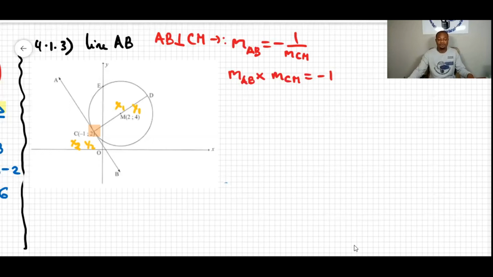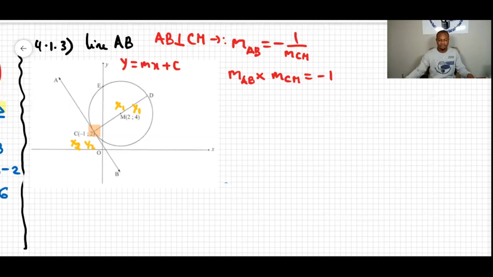First of all, the line AB is a straight line, and it is given by the form y equals mx plus c. So we need to find this. So what can we do then? We can find the gradient of the radius.